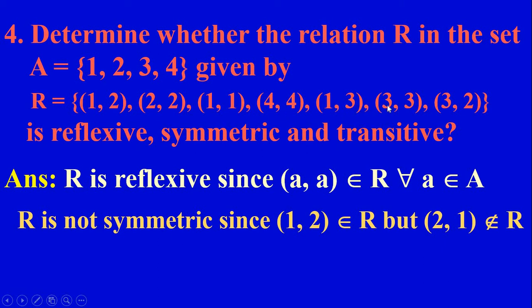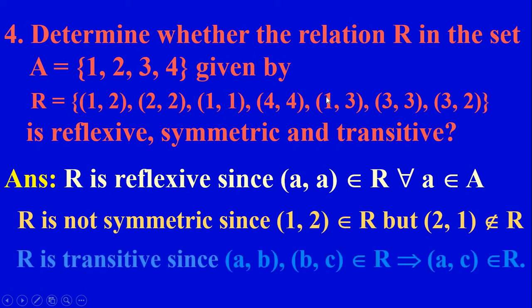Then (1,1), (1,3) gives (1,3), it is there. Then (1,3), (3,3) gives (1,3), it is there. Then we verify (3,3), (3,2) gives (3,2), it is there. So for all elements, if (a,b), (b,c) belong to R, then (a,c) also belongs to R. So R is transitive. So this relation is reflexive, not symmetric, and transitive.